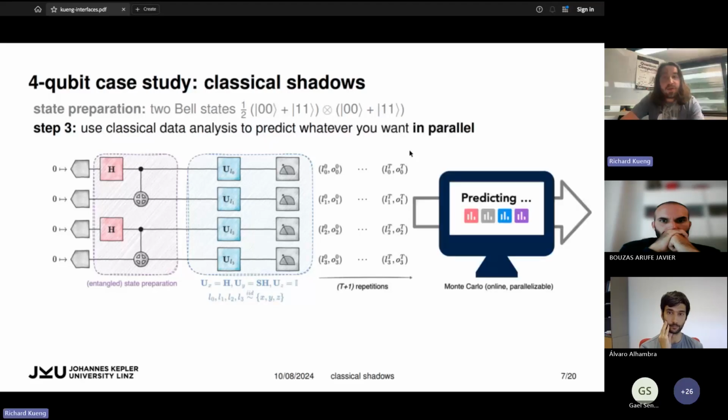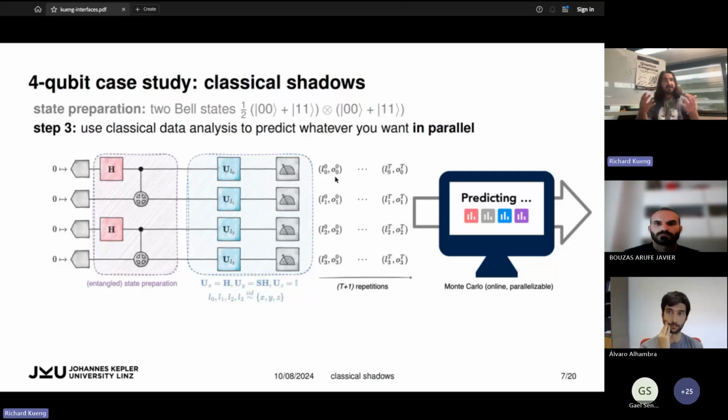And now we can use standard Monte Carlo techniques to process these strings. And we can do that in parallel for many different observables. For example, if we're interested in correlations of qubit 1 and 2, only the first 2 columns will be relevant. We can forget the rest. But we can use the same data to also learn something about correlations between qubit 3 and 4 by just looking at columns 3 and 4, and 2 and 3.